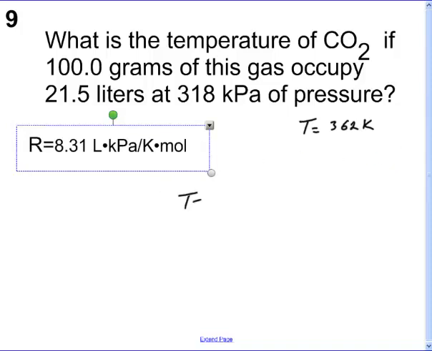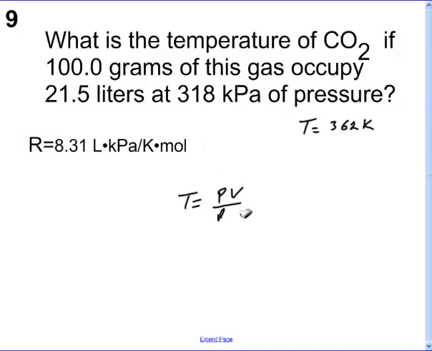First of all, I've rearranged PV equals nRT to equal T equals PV over nR. Put my pressure, 318 kPa, times the volume, which is 21.5 liters, times my number of moles.